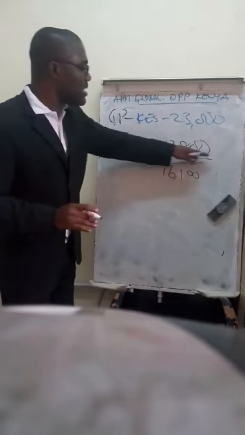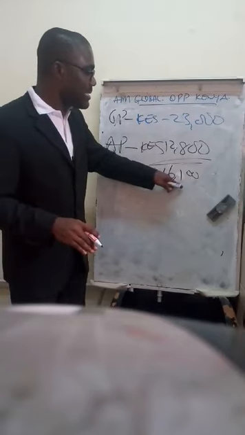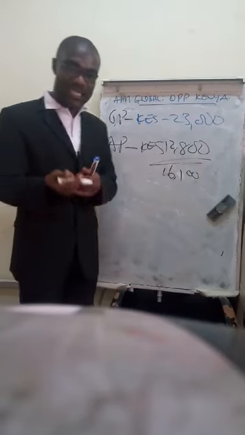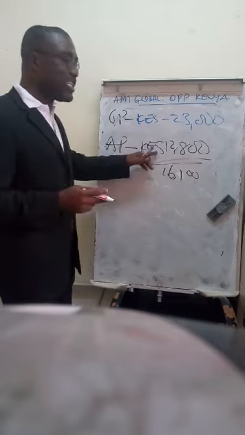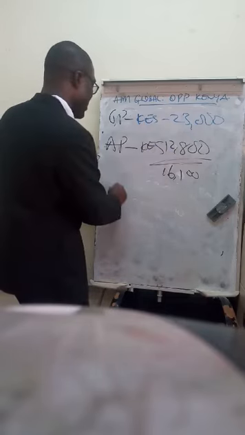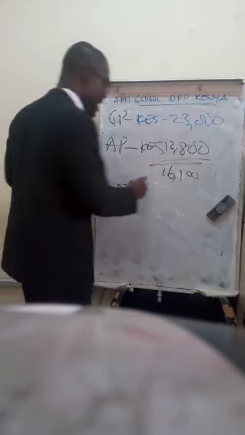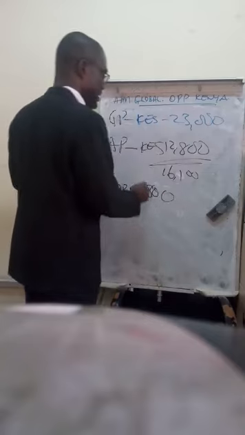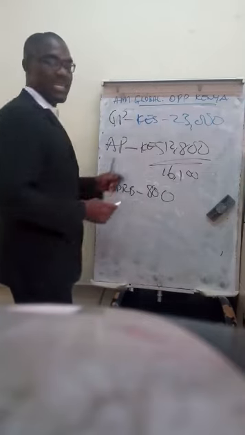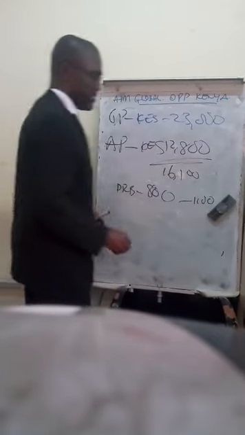So you invest 12,800. The products we give you are valued at 16,100 shillings. If somebody joins you by making this investment, the direct referral bonus is 800 shillings, instead of the earlier one, where I said 1,100.